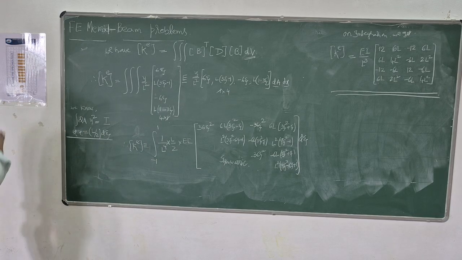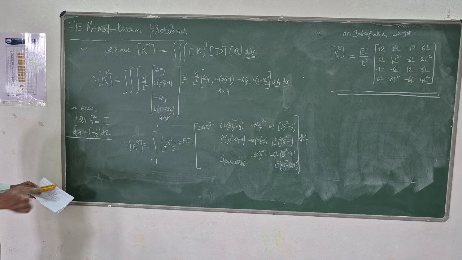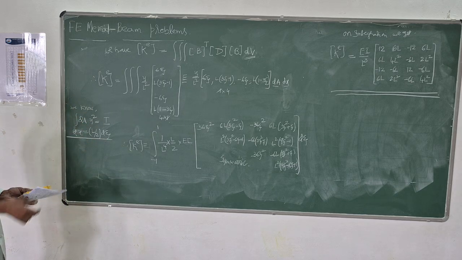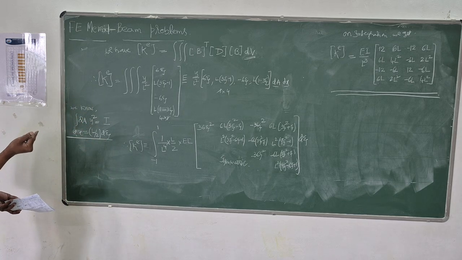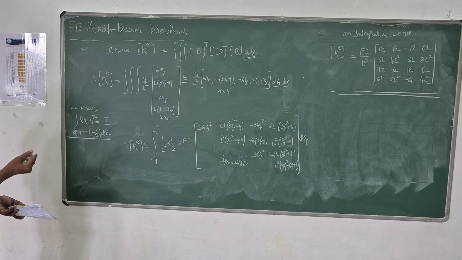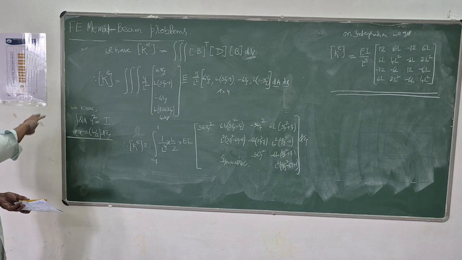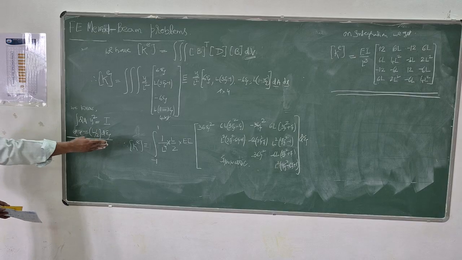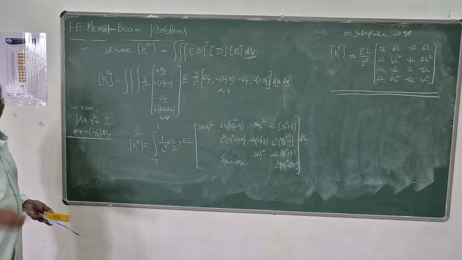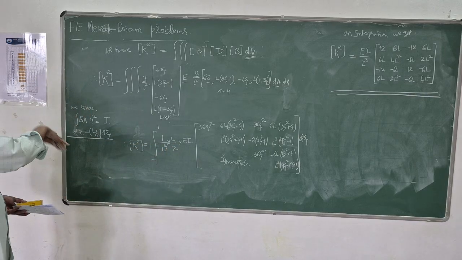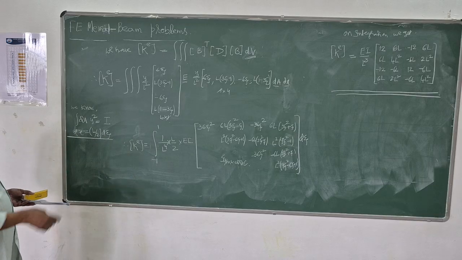This much exercise you have to do, all using the knowledge of the finite element method. First, that is the Jacobian, treating it as a subparametric one. Then the relationship between Jacobian and the natural and global coordinates, that is L by 2 Jacobian, and the Jacobian inverse you have to take.